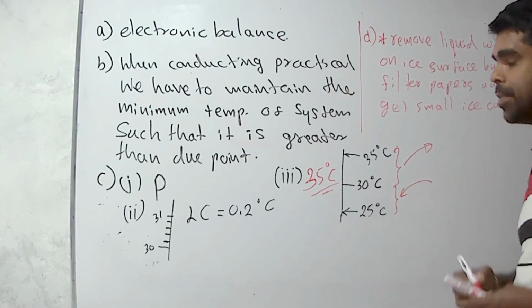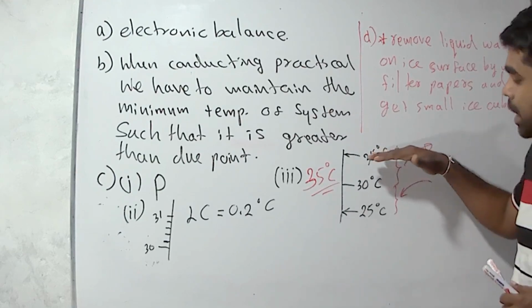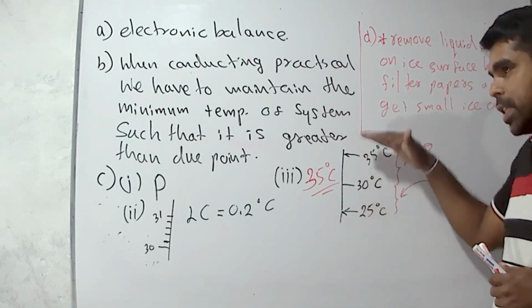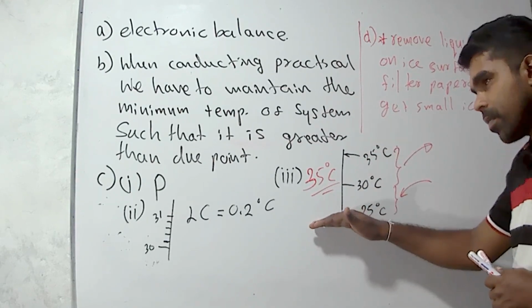If we are getting a large cube of ice, we can't control the temperature. It will reduce the temperature after the dew point.